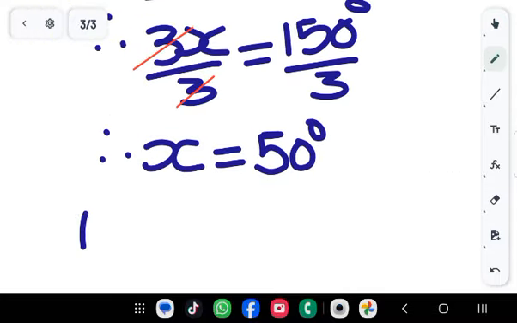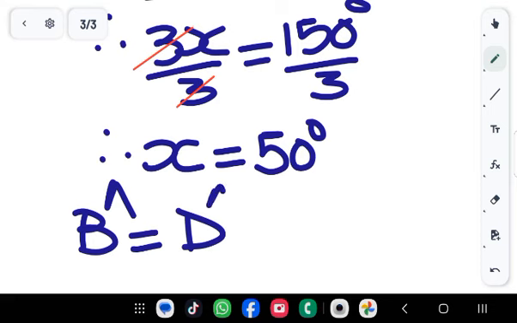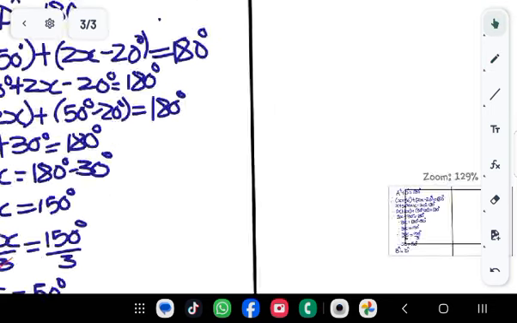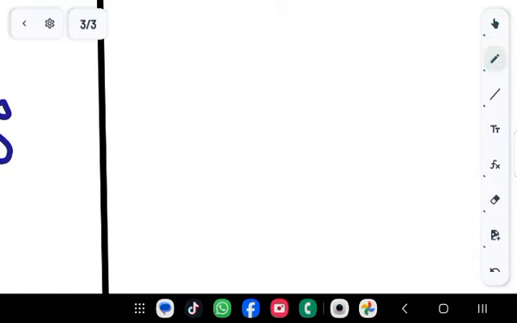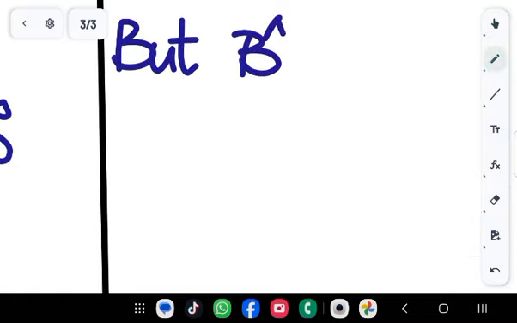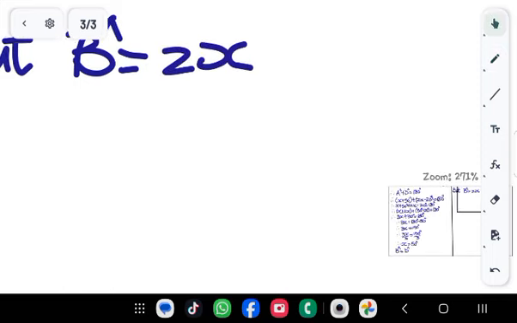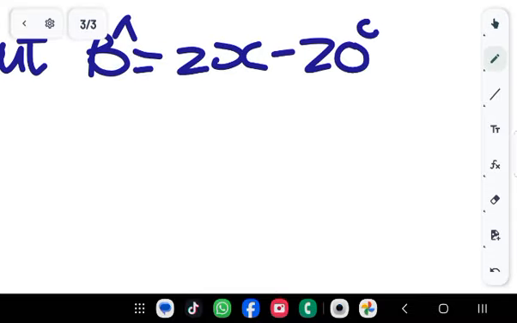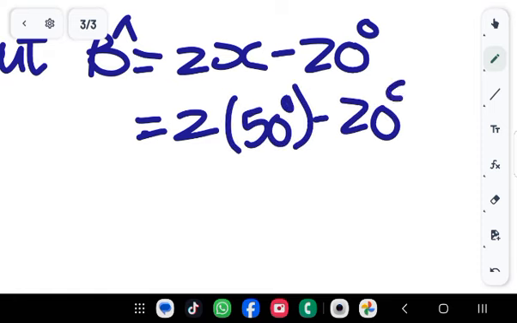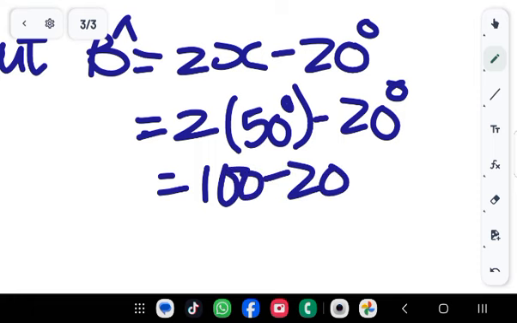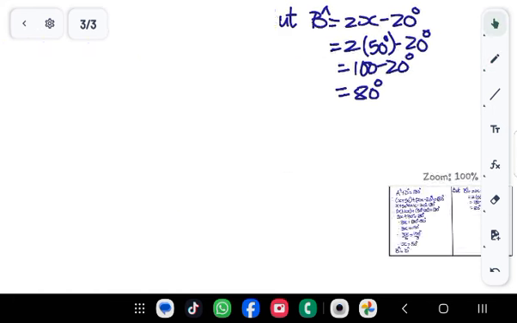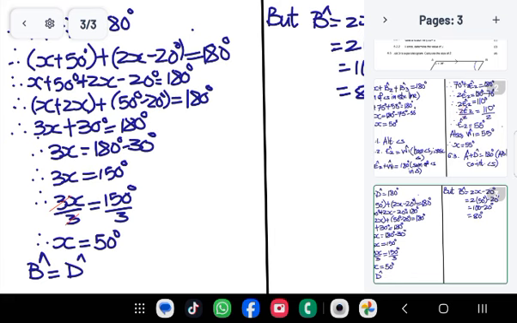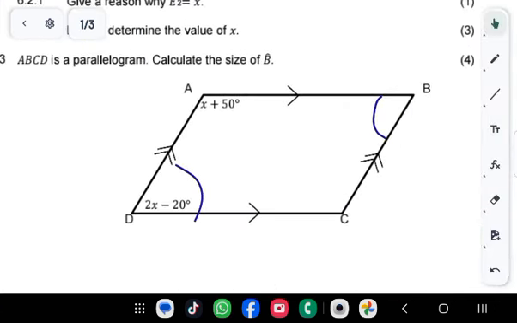We know that x equals 50 degrees, so that will be 2 times 50 minus 20, which gives us 100 minus 20 degrees, which is 80 degrees. That is the size of B, which is equal to the size of D.